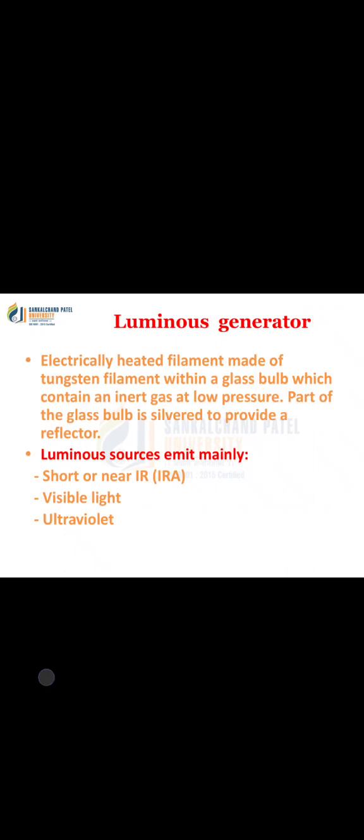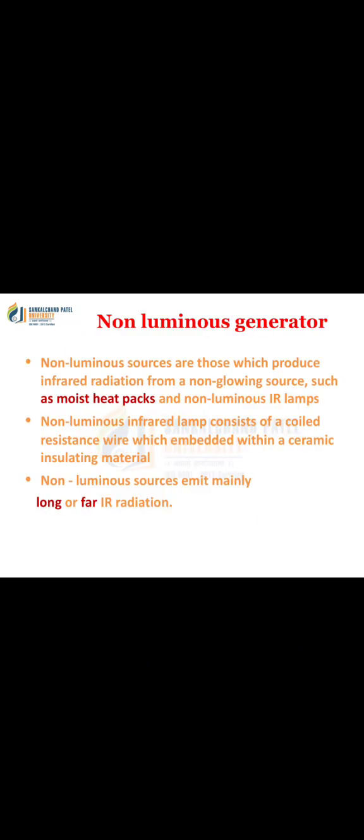There are mainly two types: luminous generators and non-luminous generators. The luminous generator is a bulb type with a filament, and the second is the non-luminous generator, which is made with a tungsten filament.